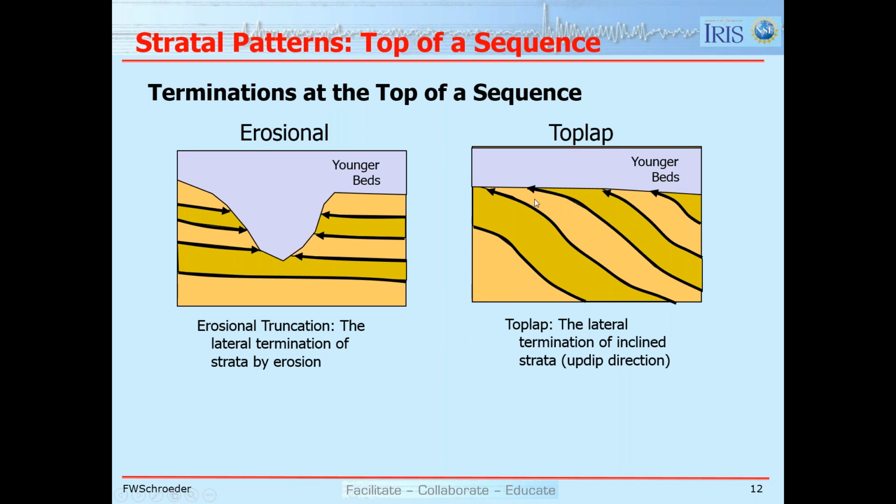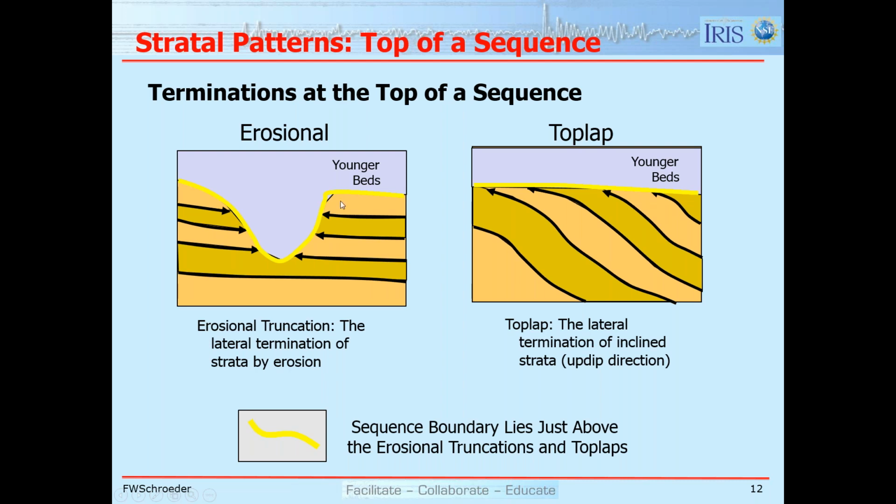The reason these units get thin and the reflectors terminate is because as I get into shallower water depth on the delta, the units are not thick enough for seismic to be able to resolve them. And so I'll see a series of toplap terminations marking a significant break in deposition, or a seismic sequence boundary, or an unconformity.